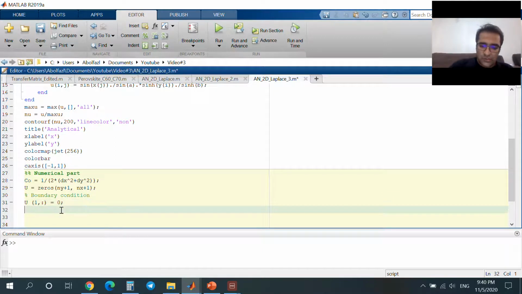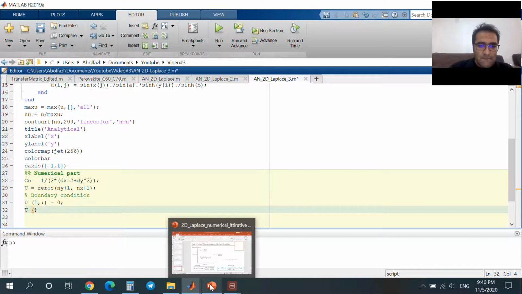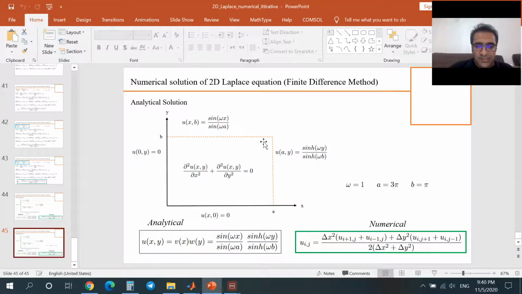And also it says that in the upper boundary, it should be sine x divided by sine a, because we defined omega equal to 1.